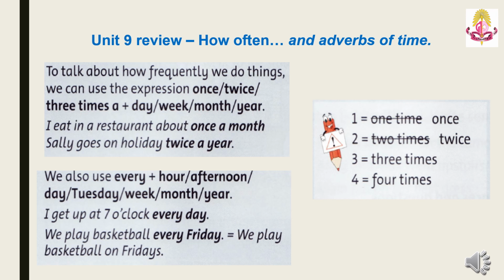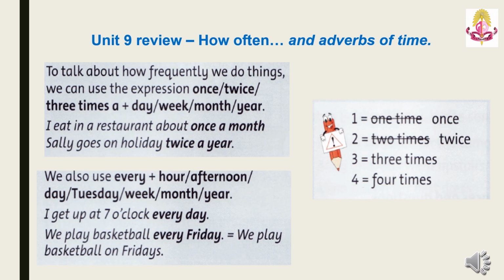So, to talk about how frequently we do something, we can use the expression once or twice. Once is 1 time, twice is 2 times. And if it's more than once or twice, we can say 3 times. 3 times a day, 3 times a week, 3 times a month, even 3 times a year.